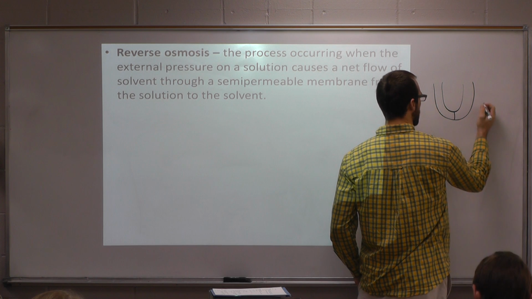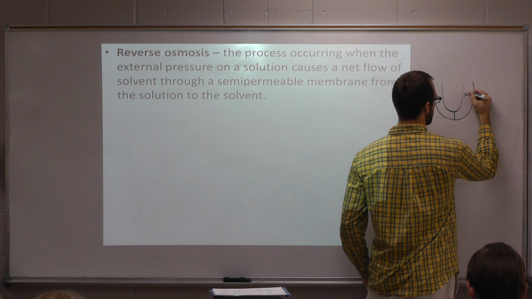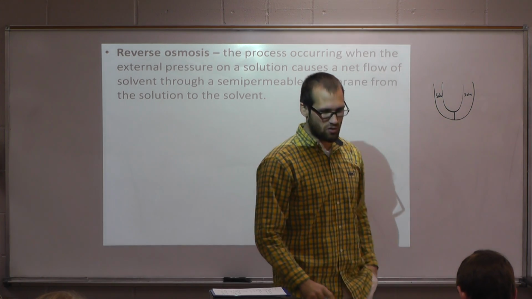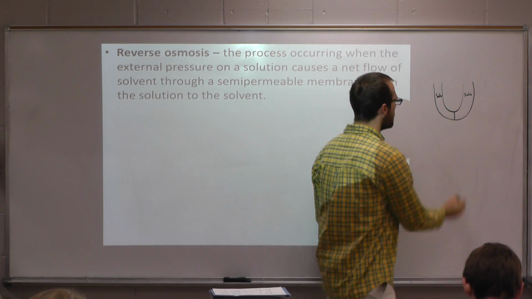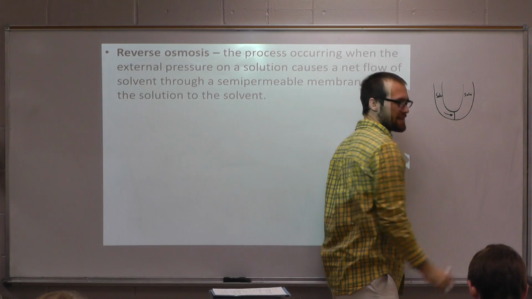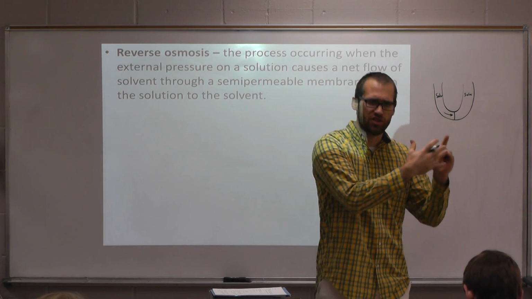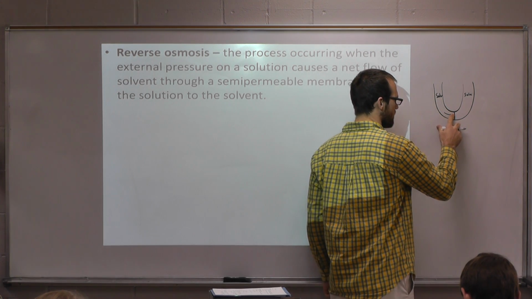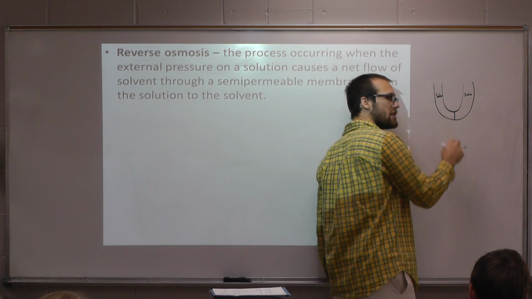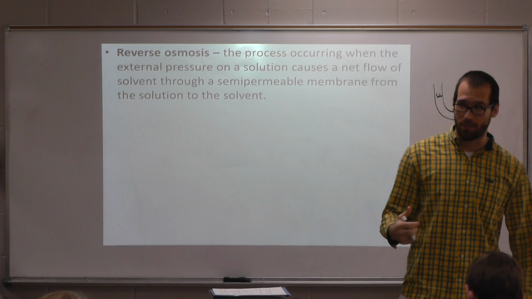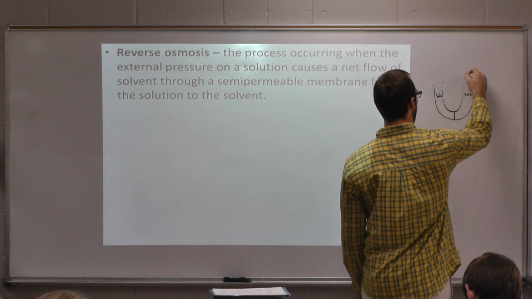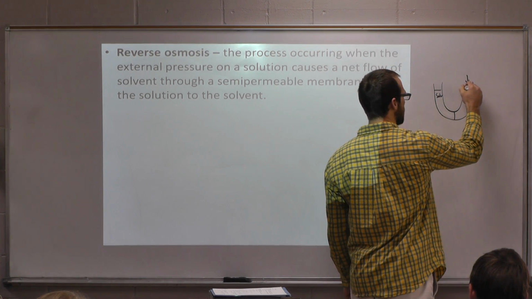So we had our semi-permeable membrane, and we said this was the solution, and this one was the pure solvent. Under normal osmosis, what you would see is the solvent going like that, the net change. Reverse osmosis is when you apply a pressure greater than the osmotic pressure, because remember, osmotic pressure is the pressure you would need to push down here to maintain equal levels, correct?